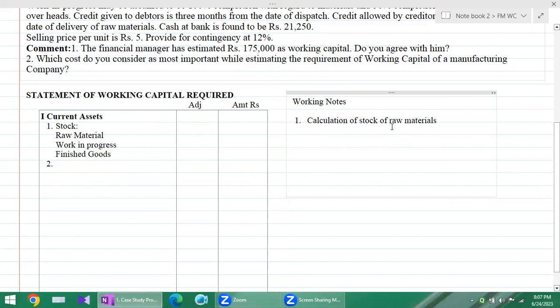That is the calculation of stock of raw material cost. As it is given here, what is given, tell me? That is 60% for raw materials. I'll write the short form of this. It is 60% of rupees 5, 60% of selling price.